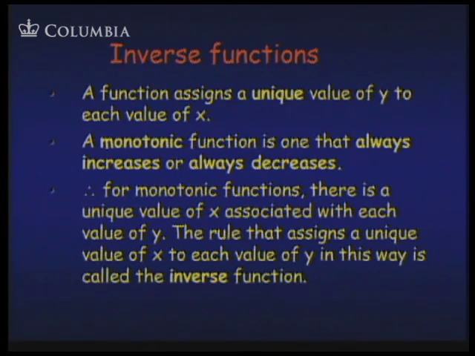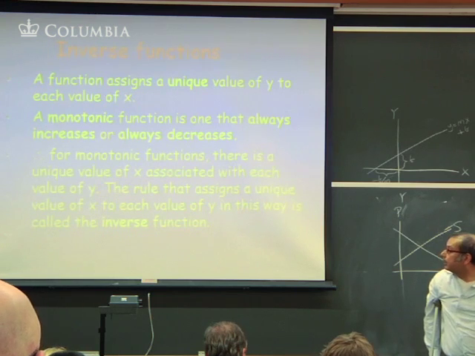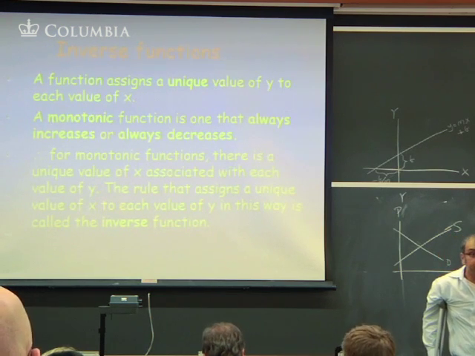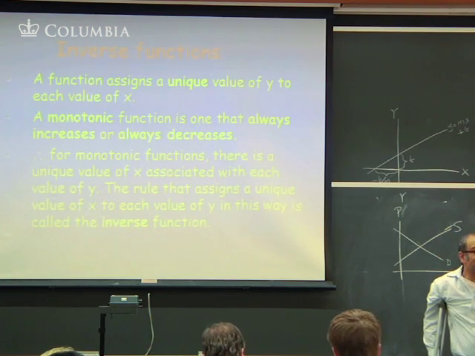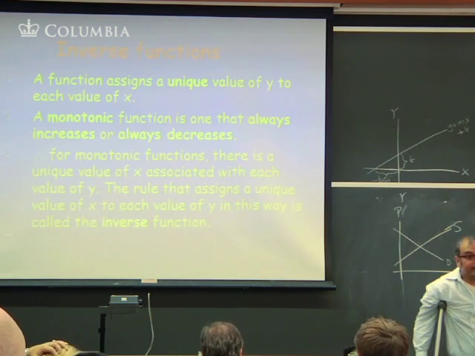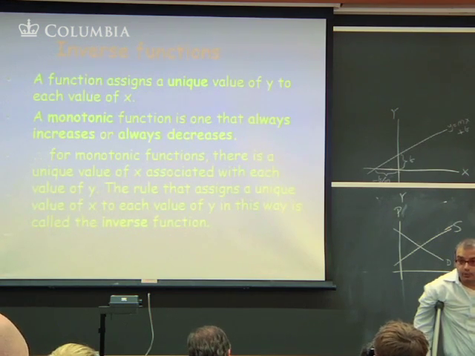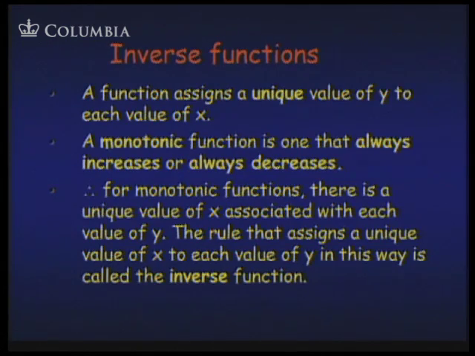Okay, so what's an inverse function? Remember I said that a function is a rule. It assigns an output to an input. One thing that I left unstated is that it assigns a unique output to an input.